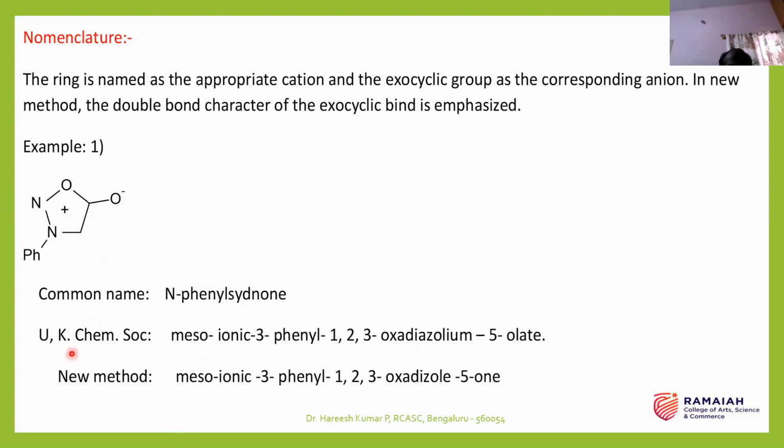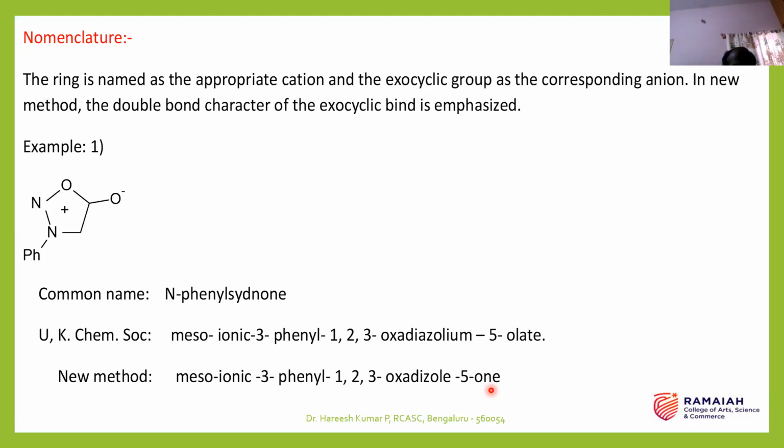In the new method, meaning the IUPAC method, meso-ionic is retained, 3-phenyl is retained, 1,2,3-oxadiazole. The difference between these two is that here -ium, the positive part, and -olate, the negative part, are mentioned, but here there is no such thing. Here the 5-membered ring suffix OLE is retained, and 5-one indicates the CO group. So this is the nomenclature of one example of a meso-ionic compound.